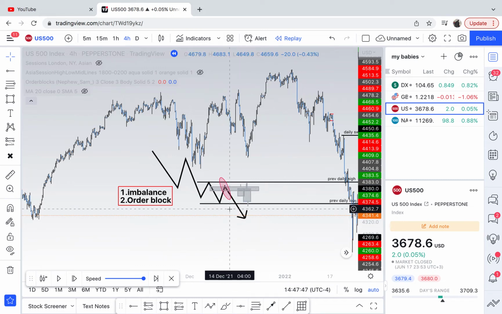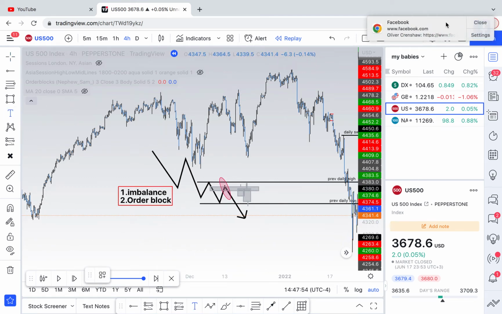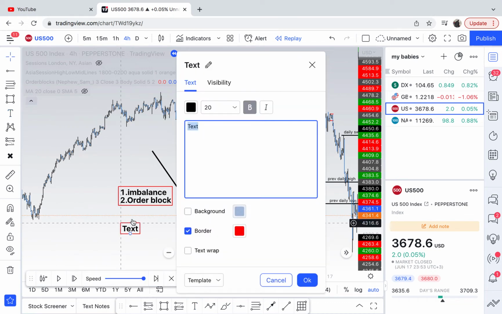All right, so once we have the imbalance or order block that we're playing off of, the next step would be to find either the smaller break of structure, or a rejection candle.